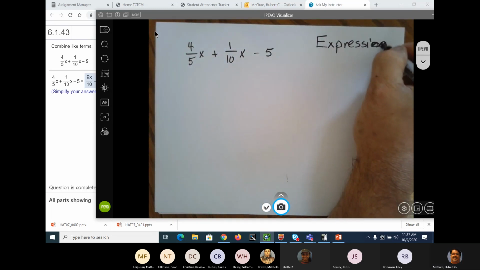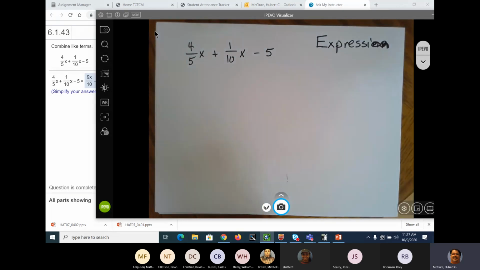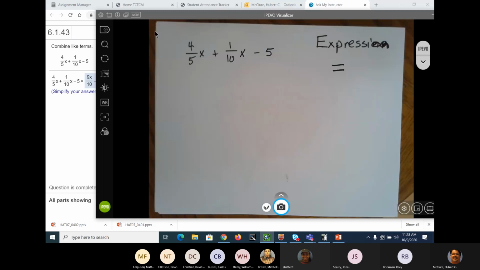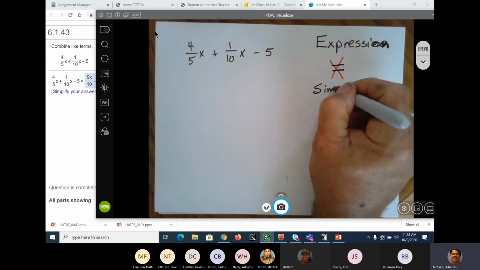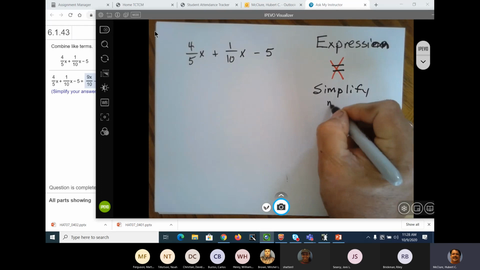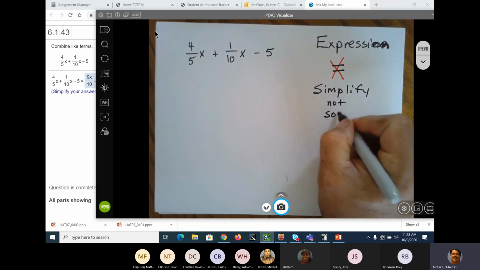Expression. An expression doesn't have a what? It doesn't have an equal sign, and it usually means that you're going to simplify, not solve.